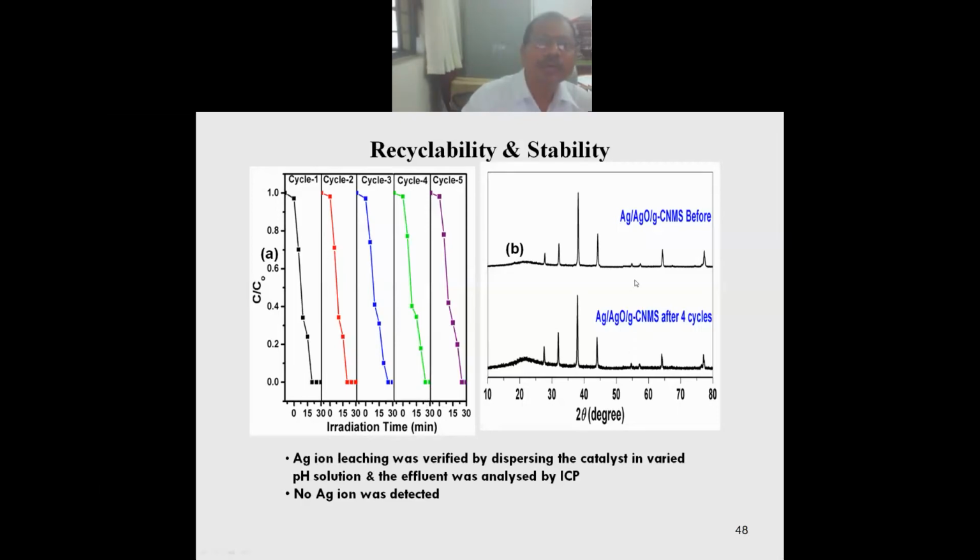It is found that there is no change in the phase of the material; the phase is intact. AG is not leaching. We analyzed this with ICP, and it is found that there is no AG in the solution.